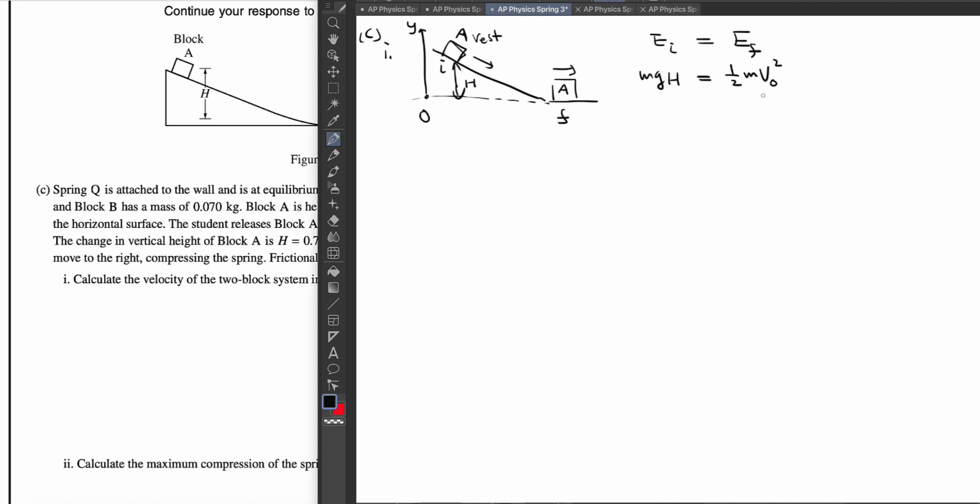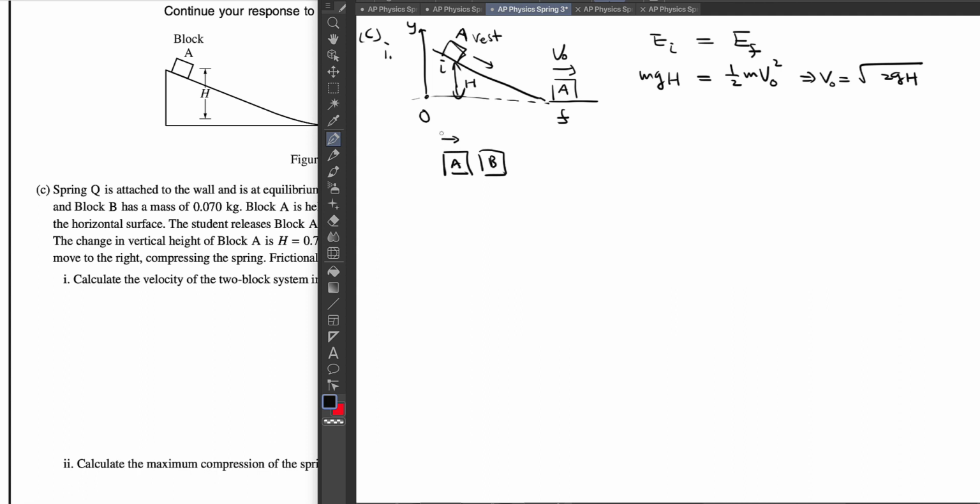Okay, so I'm going to say that is the velocity before the collision, so that's why I call it V naught. Now from here I can calculate V naught equals square root of 2gh. That's step 1. Now step 2, block A collides with block B.